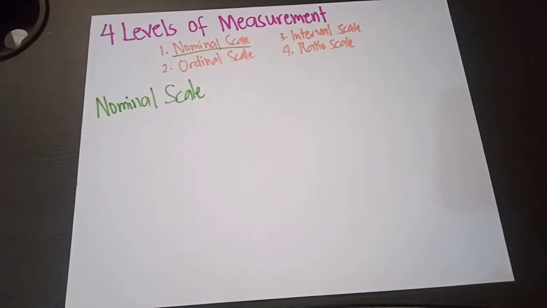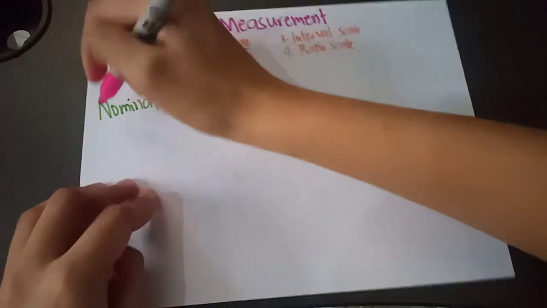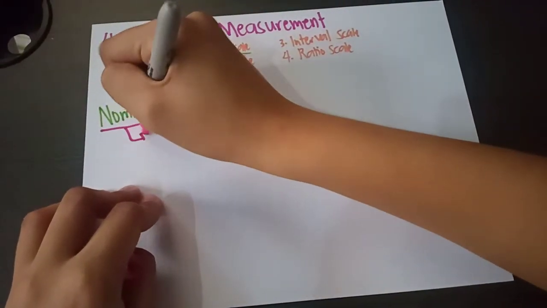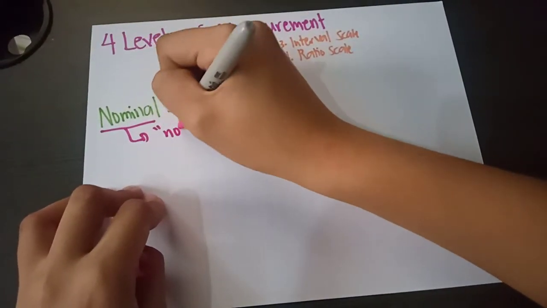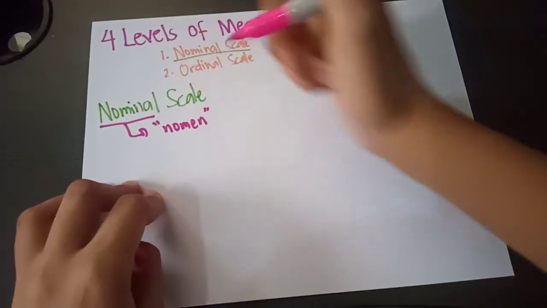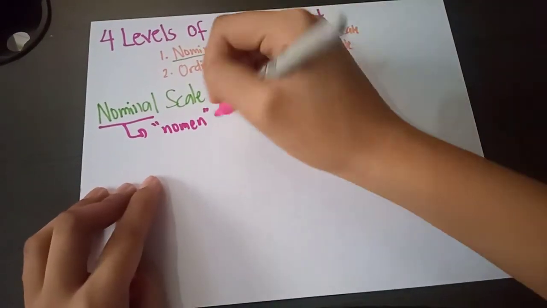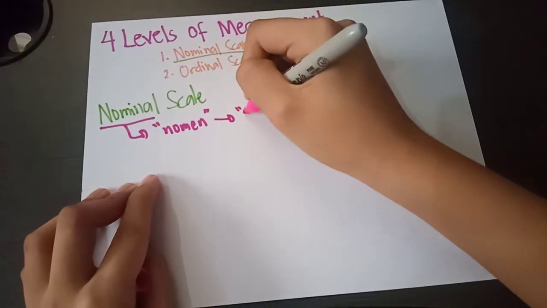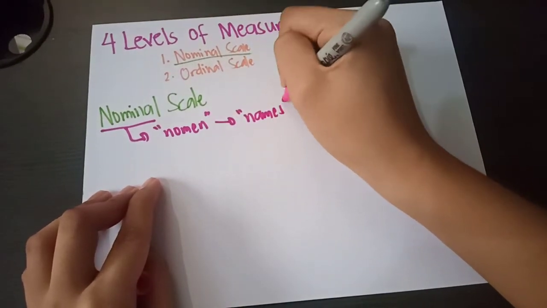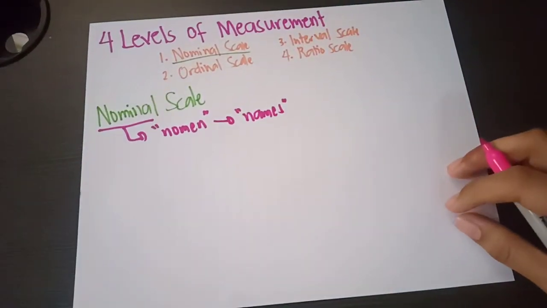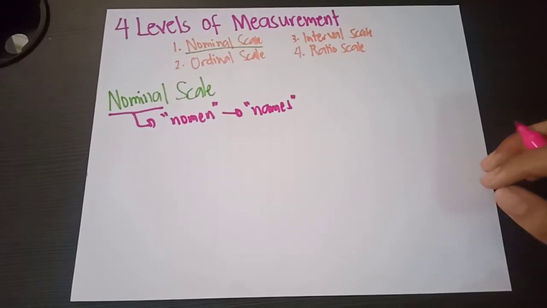actually came from the French word nomen, and nomen actually means names. So just like in nomenclature, which pertains to the system of names.